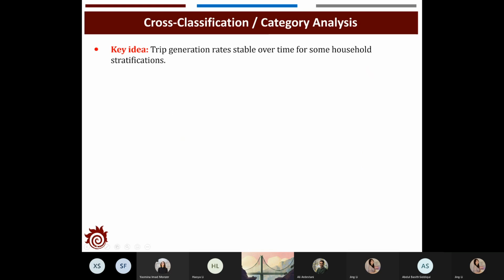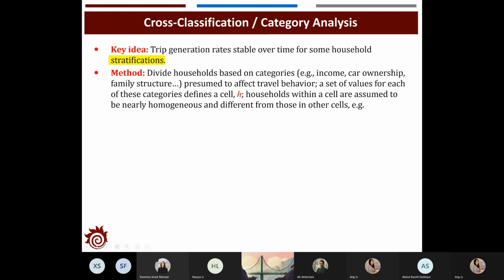The idea of the cross classification analysis is that we assume the trip generation rate is stable over time for some household stratification, which means the household structures and distribution. So in this method, we will divide the households in one TAZ zone into multiple categories based on their income levels, the car ownerships, or the family structures, and so on.